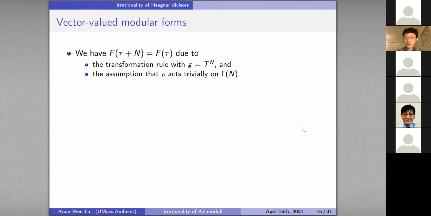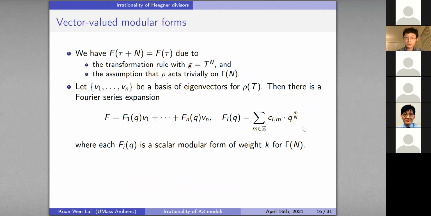So in this case, we still have an expansion similar to the previous scalar case. If you fix a basis of eigenvectors for the matrix rho T, rho evaluated on the translation generator, then there's a Fourier series expansion of the modular form in this way.